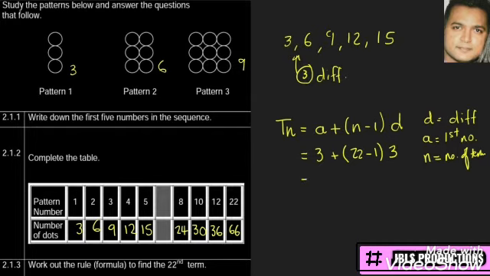Working this in your calculator, you'll have 3 plus 21 times 3. So we'll have 3 plus 21 times 3 is 63, and if you notice 3 plus 63 is 66, and therefore our answer is correct. You must make sure you remember this formula when going into the exams.